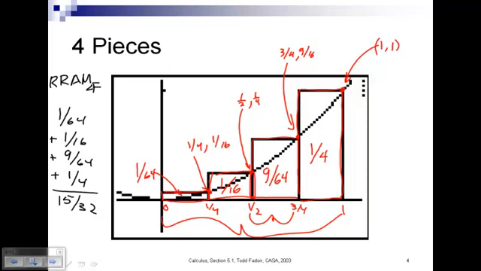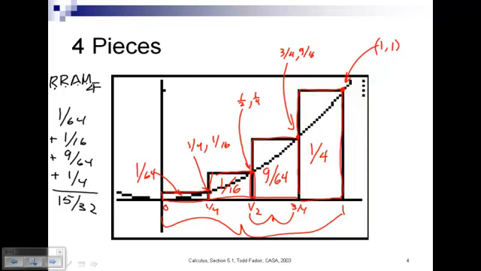I use 4 rectangles. One of the R's is standing for rectangle. And I base the heights of the rectangles on the right-hand side. This is the right rectangular approximation method.